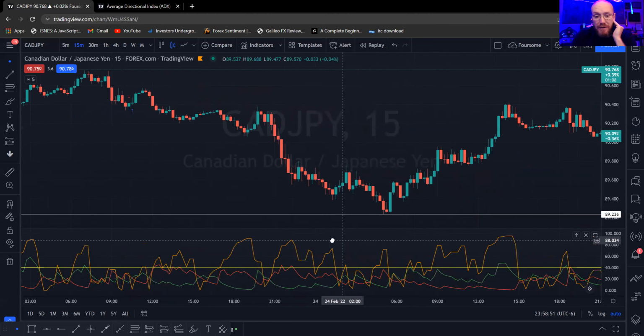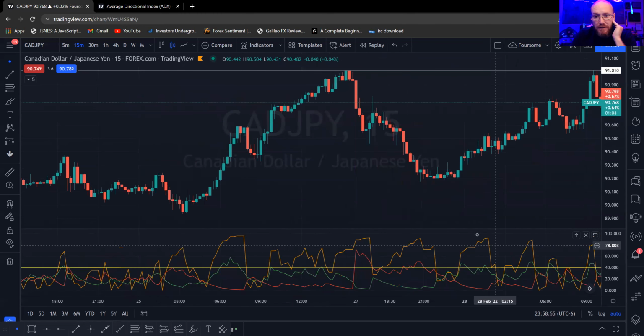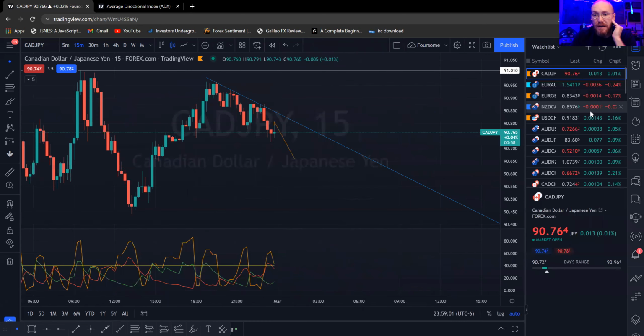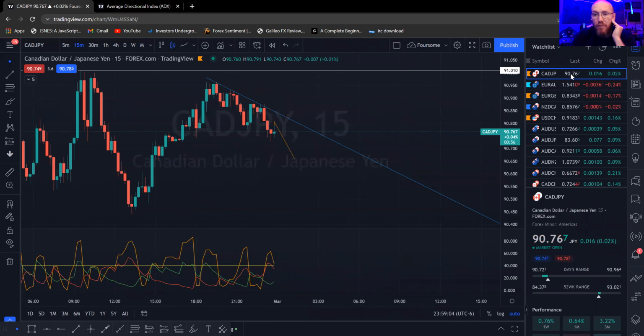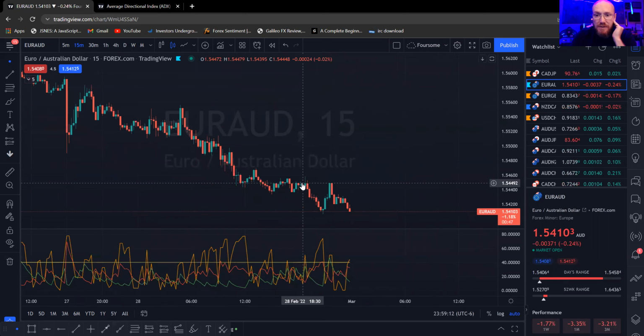So when I'm using this tool for an entry, I don't like the way this one is sitting. And again, guys, indicators are not bulletproof. They are indicators, okay? So we're not going to use them like 100%. We're going to use them to stack probability.